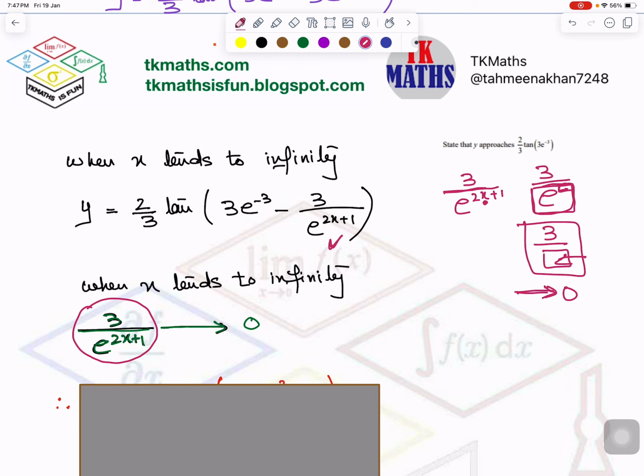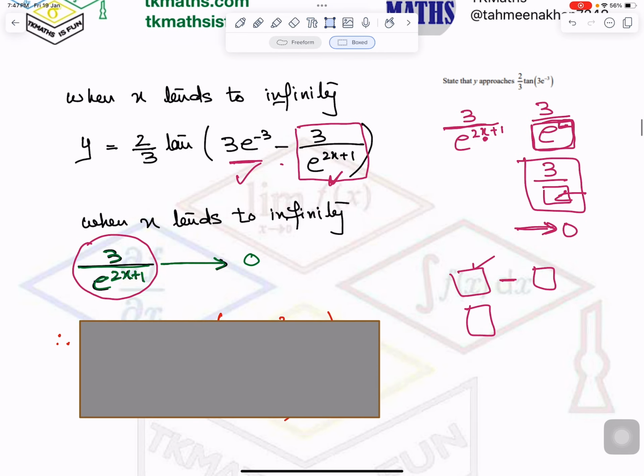This is the way mathematically it is written. Now when this term approaches 0, it means it will be close to 0. So anything minus 0 is what? That thing itself. Agreed? Whatever number I have, if I subtract from it something very close to 0, it will have no impact on it. So I will get this term as it is.